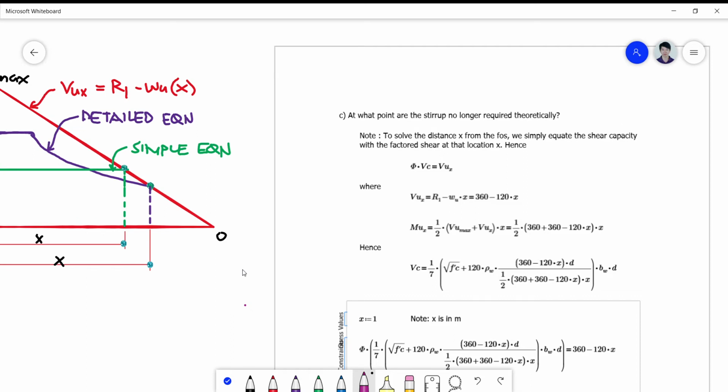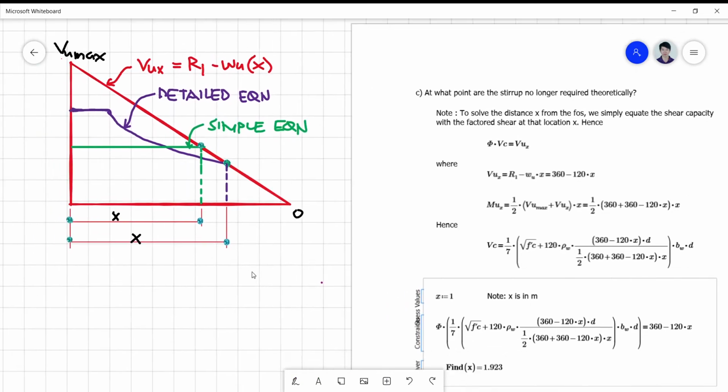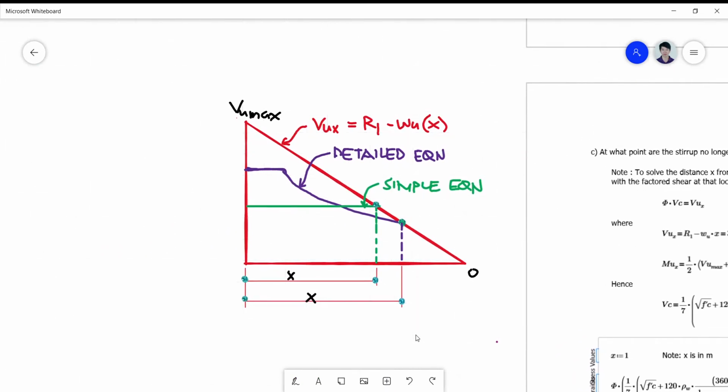Before we proceed with the calculation, let's look into this figure, wherein there are three graphs of shear equations.